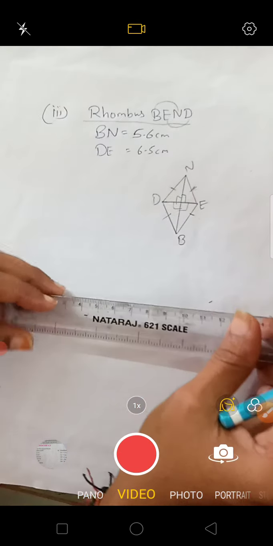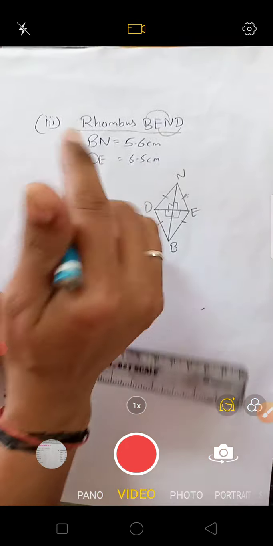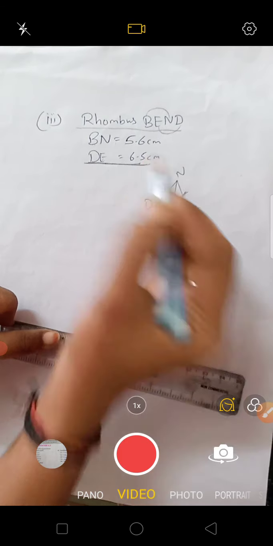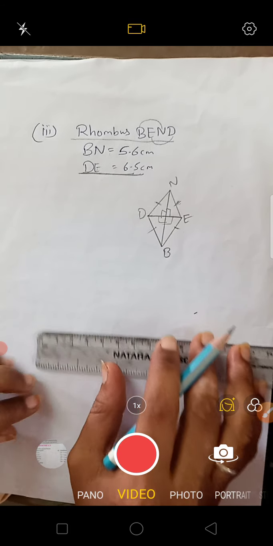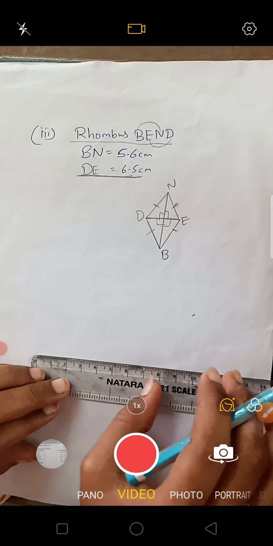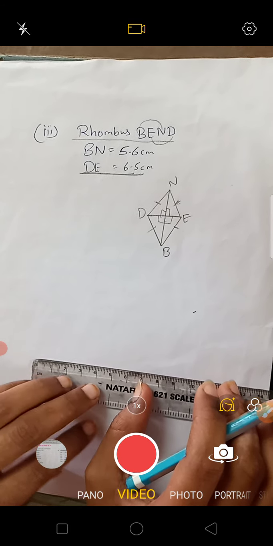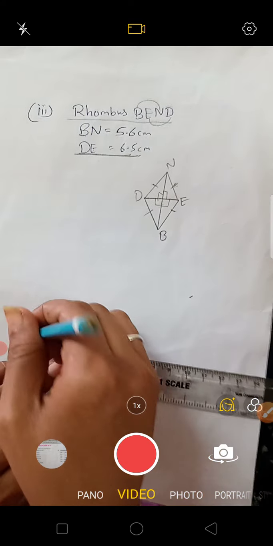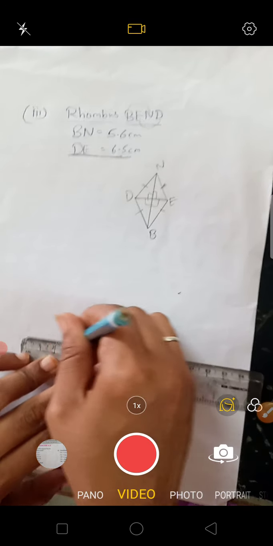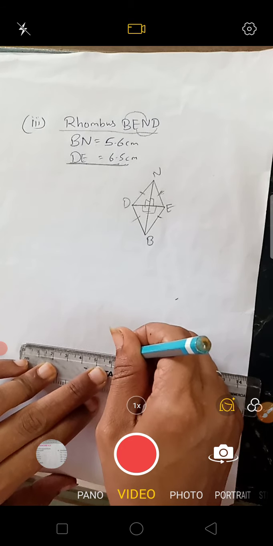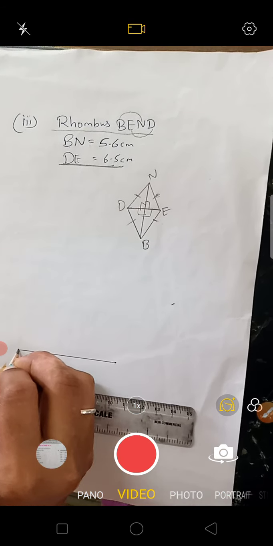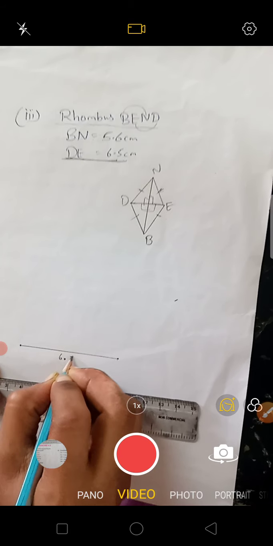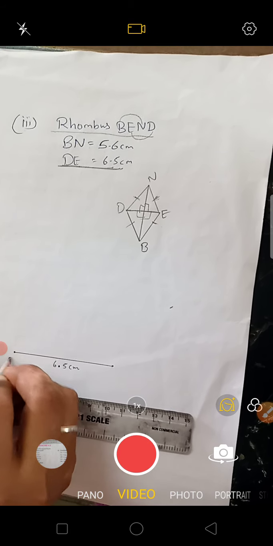For that, first we plot the base, one diagonal DE, and DE is 6.5 centimeters. So first we construct a 6.5 centimeter distance using a ruler. Here it is, 0 to 6.5 centimeters, and it is DE.